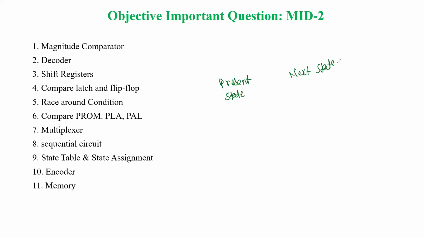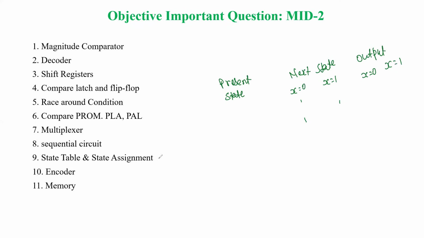In the next state, we write the corresponding state for each value of input. And on this side we have the output, when x equal to 0, the input, and again when x equal to 1. So that is the state table.